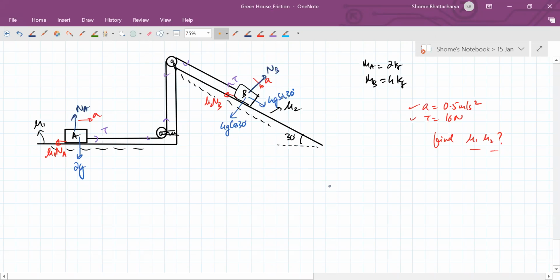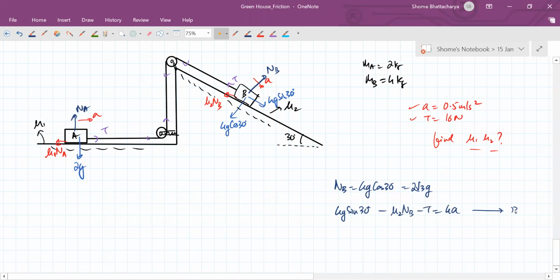Okay, so let's check the values. So this normal reaction will become this. So 4g sine 30 minus mu2 NB minus tension is equal to 4a.